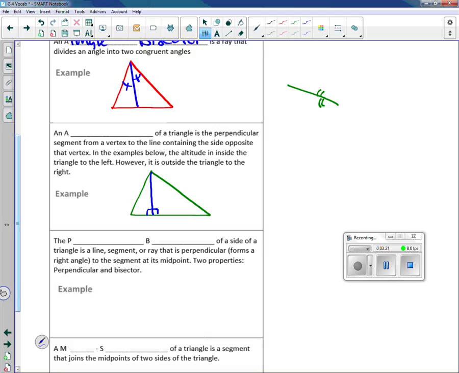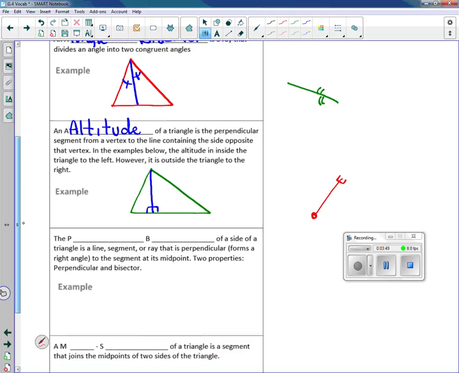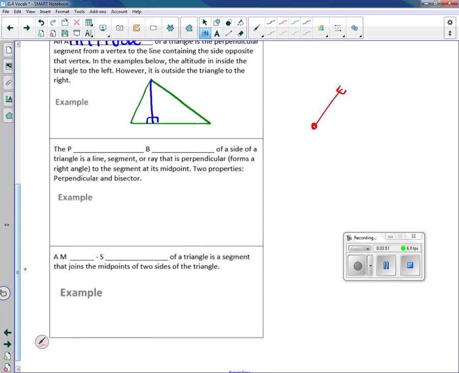So there's that particular kind of segment we're going to need to know in this unit. This is called an altitude. And once again, each vertex has one of these. Just like all the other special segments, there is one that comes from this one and goes here, and that's perpendicular, and so on. Each triangle has 3 of these special segments. I'm just showing you one of them. Let's go on to the next one.